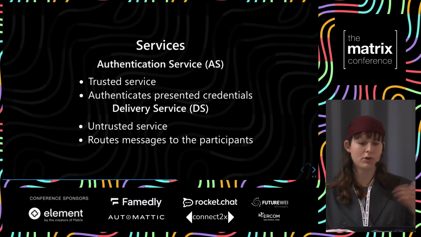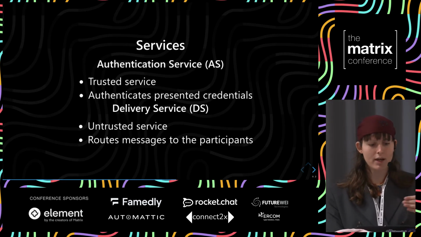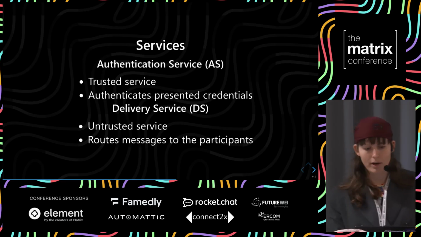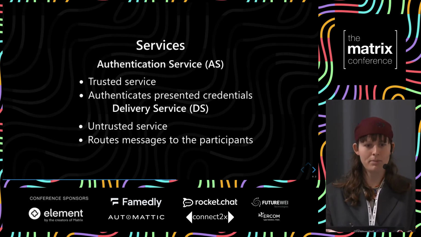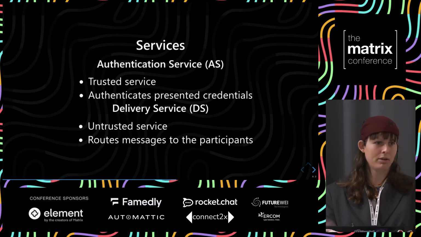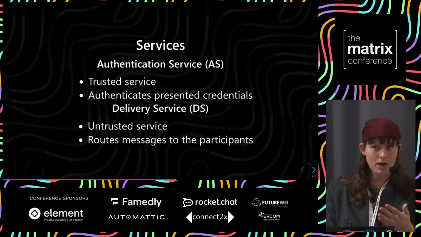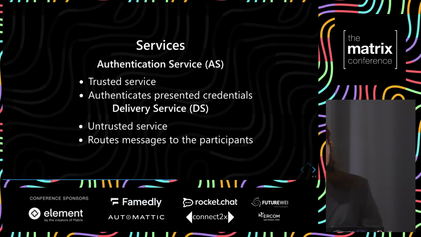So the authentication service has the job to verify presented credentials, whereas the delivery service, the other huge and actually the main component of MLS, is basically an untrusted drag and drop clipboard where you throw in messages and people grab these messages. Messages in MLS are, of course, all signed, so we can relate them cryptographically to identities.